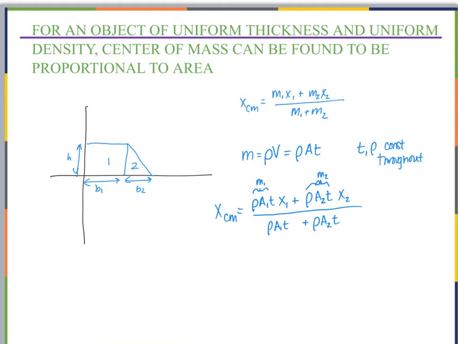But notice that in every single term we have density, so we can actually cancel that out, and likewise we can cancel out the thickness. And so instead of writing the position of the center of mass as a weighted average where it's weighted by the mass, it could actually be weighted by the area.